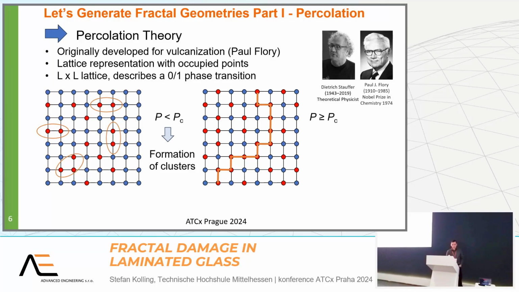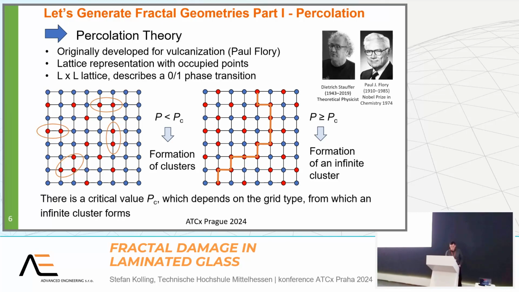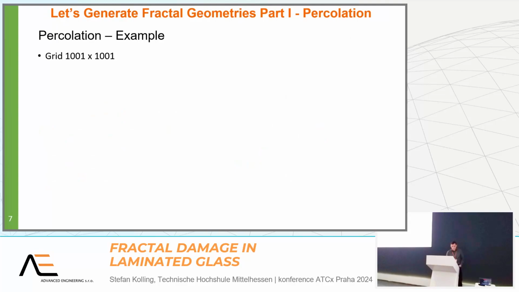But if we have periodic boundary conditions, then we have an infinite cluster. And this occurs if the probability is larger than the critical one. So this is the formation of an infinite cluster. We can sum up: there is a critical value pc, which depends on the grid type, from which an infinite cluster can be formed.